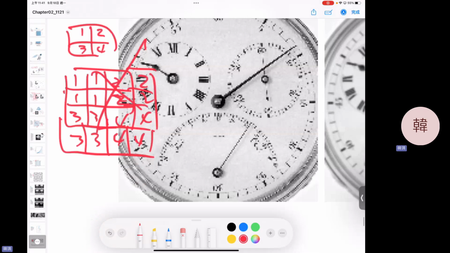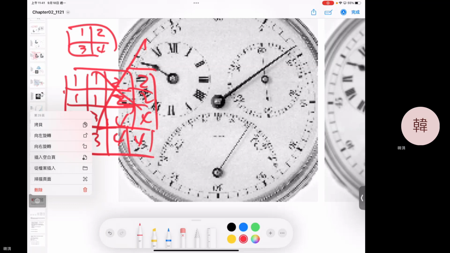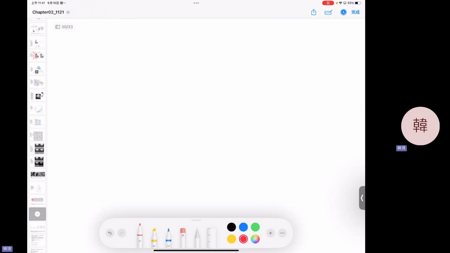So how can we do this one? Let me add one more. So you can do some interpolation depending on your neighbor pixel values, and not just put a constant from your neighboring one.